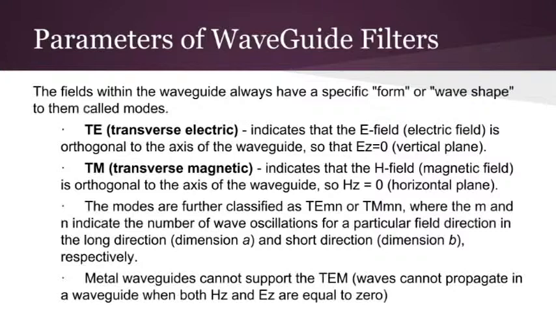The modes are further classified as TEmn or TMmn, where the m and n indicate the number of wave oscillations for a particular field direction, in the long direction or short direction, respectively. Metal waveguides cannot support the TEM or the transverse electric and magnetic mode because the waves cannot propagate in a waveguide when both Hz and Ez are equal to 0.